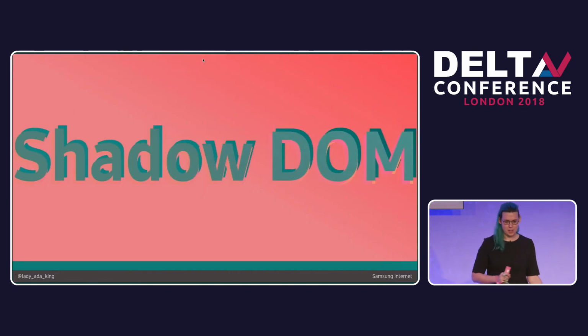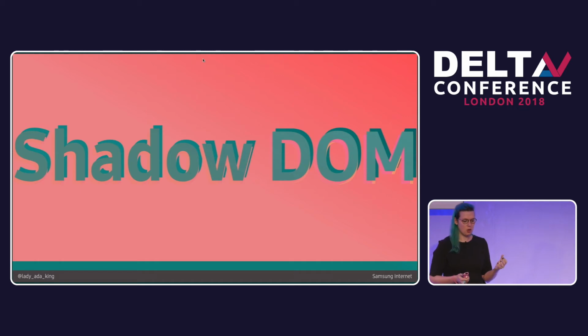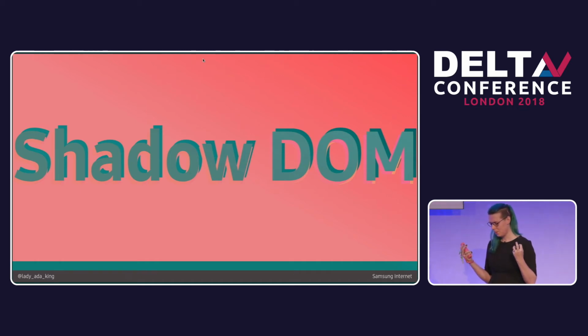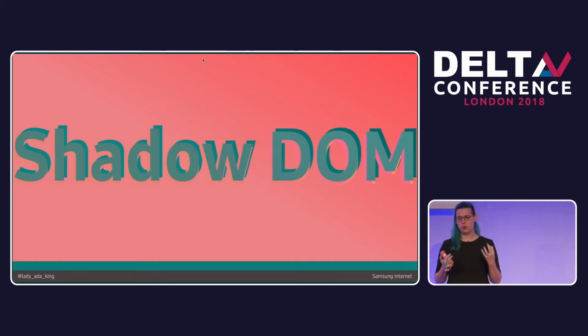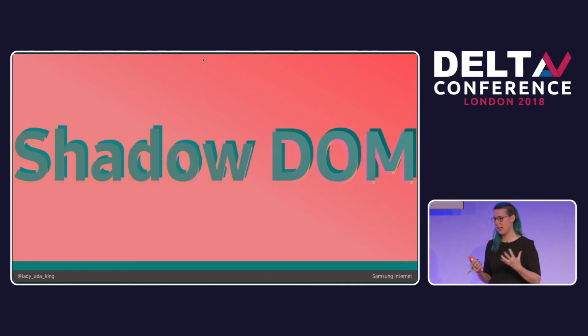Yeah, it's cool. One of the key features of web components is this property known as the shadow DOM. The shadow DOM allows you to hide HTML elements inside your custom element.